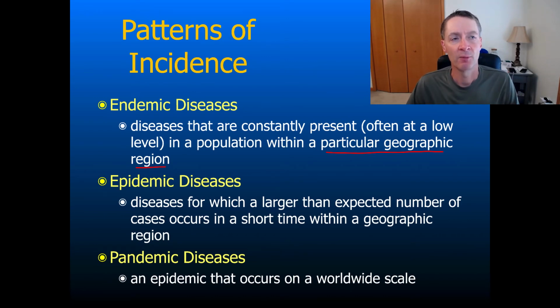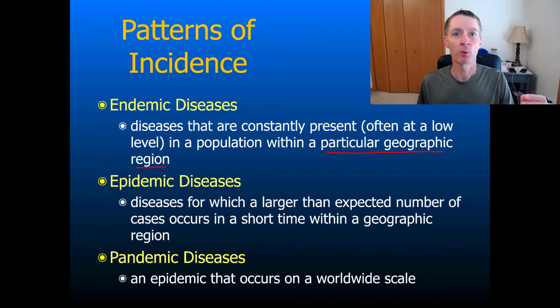So to say that malaria in New York State is a problem would be kind of ridiculous, right? It's not a problem. We don't have a lot of malaria here in the United States, in particular in New York State. But if we looked at malaria in maybe Nigeria, somewhere where the passing of that through a vector, through a mosquito, okay, is much more common, well, we might say that malaria is endemic in that region of the world.